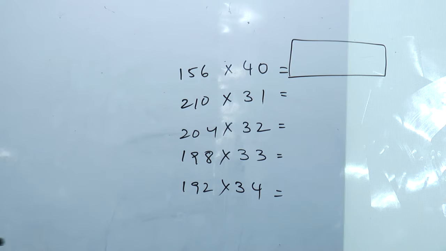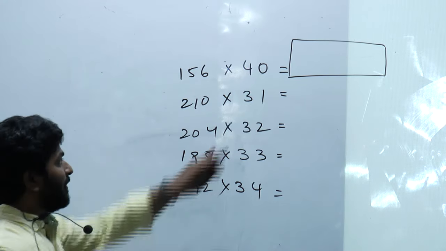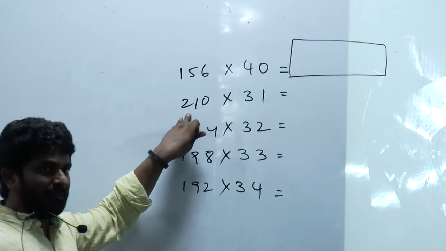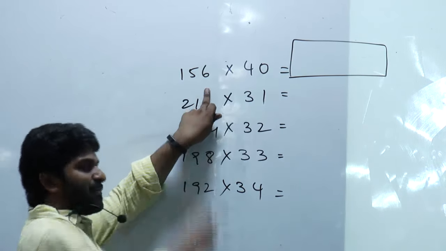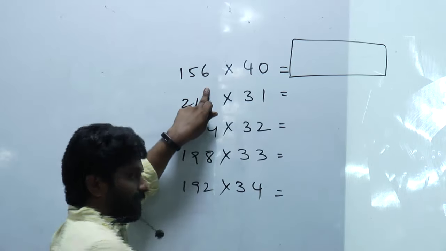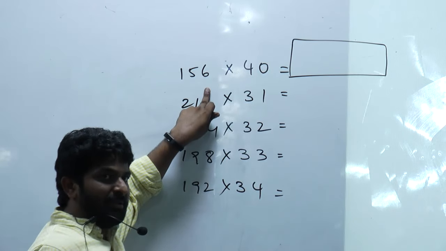Easy only. 31 times of this number. You have 0, keep it aside. 20 times plus 1 time. 10 times of this number is 310. 20 times is 620.